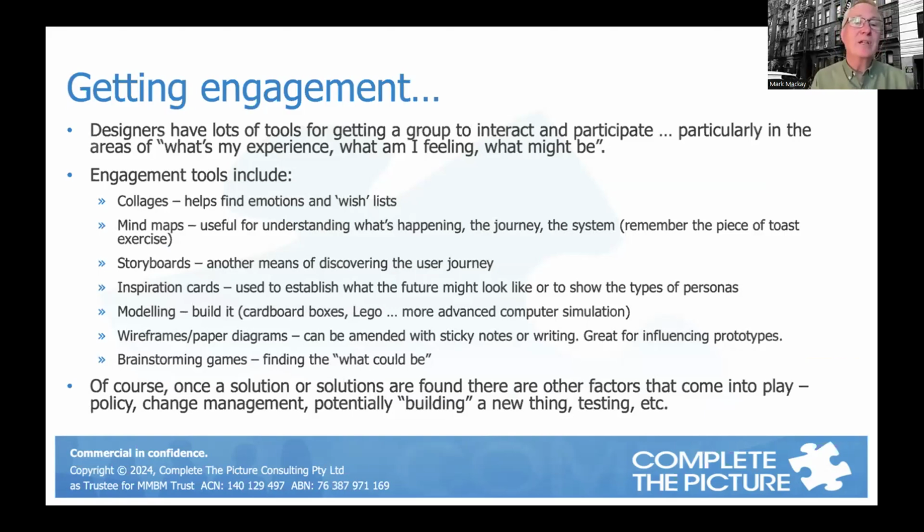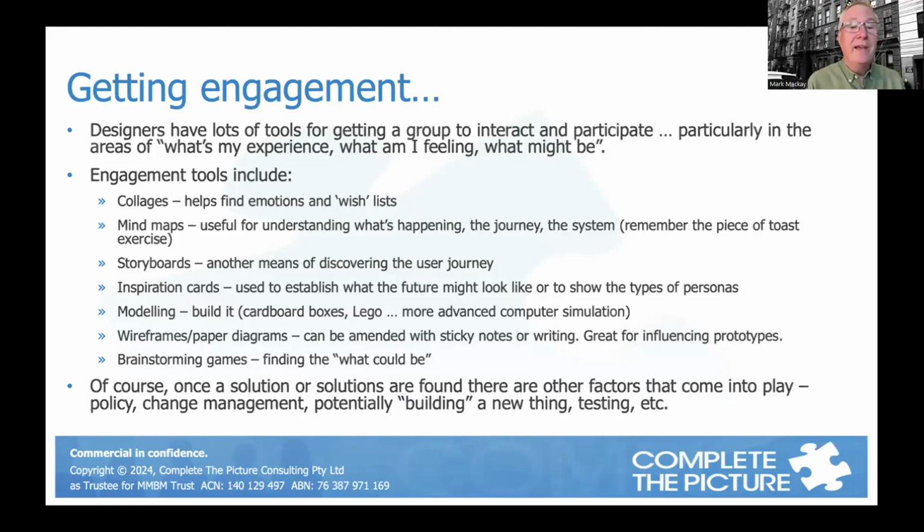So some of the engagement tools include things like collages, mind maps you might have heard about, storyboards, if you've ever seen how they create movies, we can use things like that. Inspiration cards can get people talking about what the future might look like by showing pictures of what they believe it could look like.